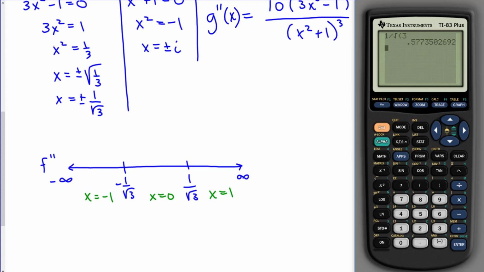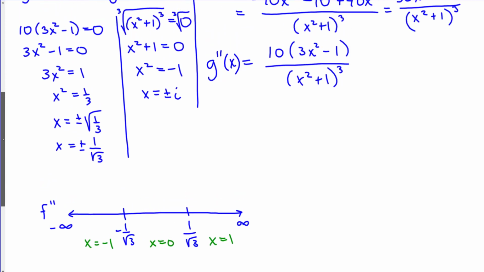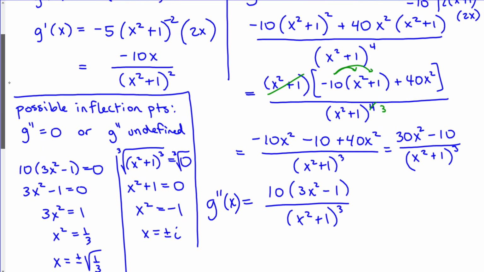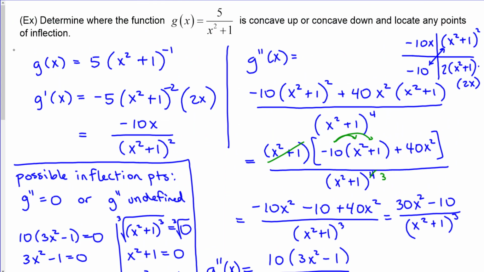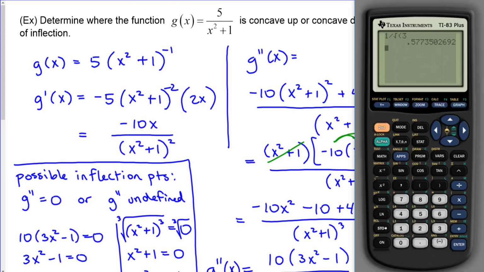And I need to go through and determine if my function is positive or negative on each one of these. Since I already have my calculator out, I'll take advantage of it. So the original function is this. Oh, I'm sorry, I don't want y values. I do want the second derivative.